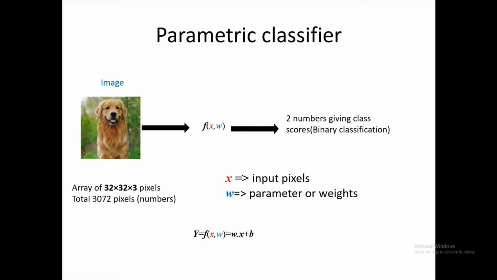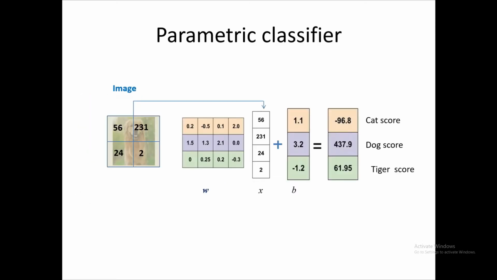So let us see this function pictorially and what this function is doing. In this figure, we have an example of a simple image on the left, and it is just an assumption that we represent this picture of a dog with 4 pixels.